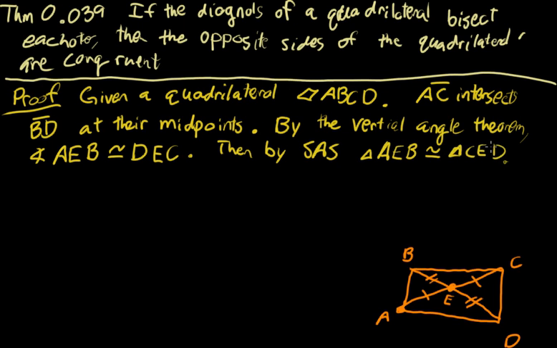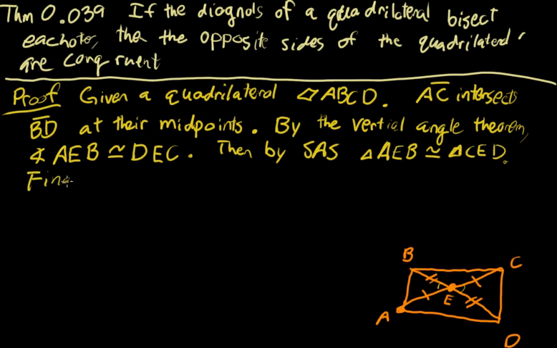So what do we have now? AEB, because we have this side. A to E is the same as C to E, which is one line. And then E to B is the same thing as E to D, because they're both the two lines. And we know these center ones are congruent. So we have side angle side.